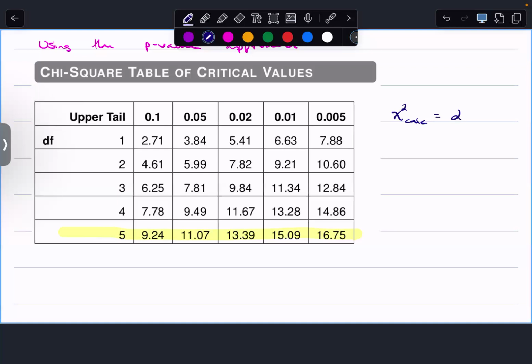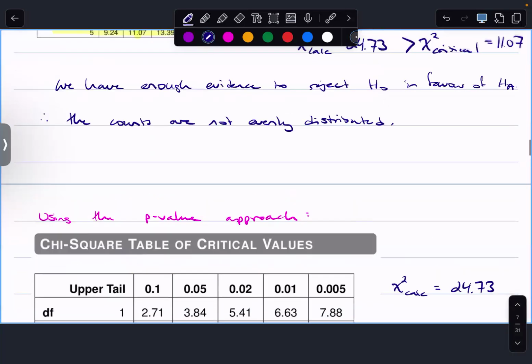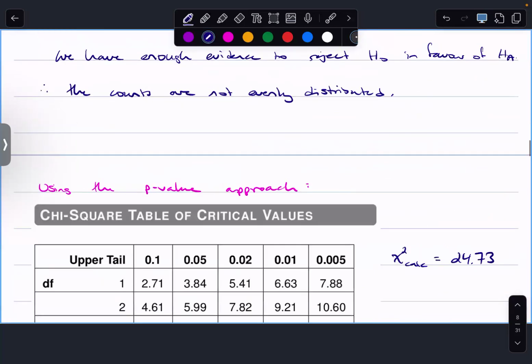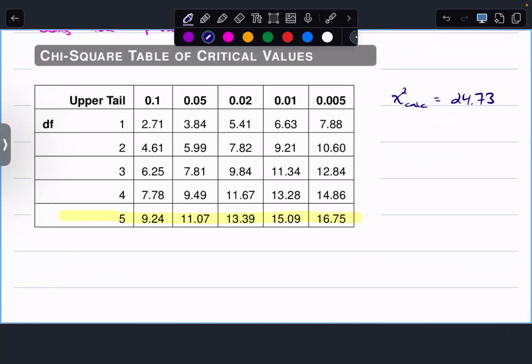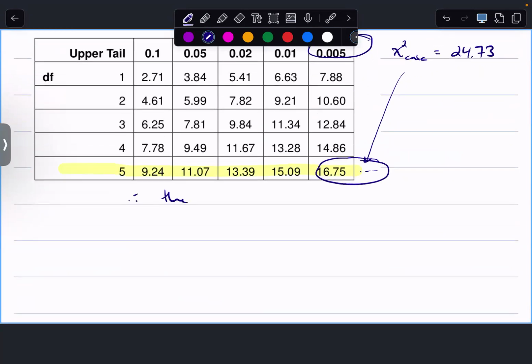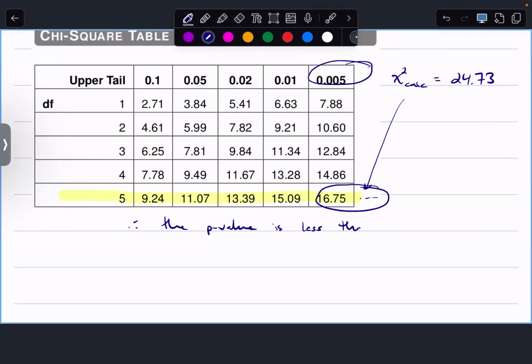Calculated was some version of 24.73. Let's be consistent. So now I'm going to take my 24.73 and place it on the table, but that's somewhere out here. That's okay. What does that mean? So it's somewhere here. And so therefore, the p-value is less than 0.005. Very small.